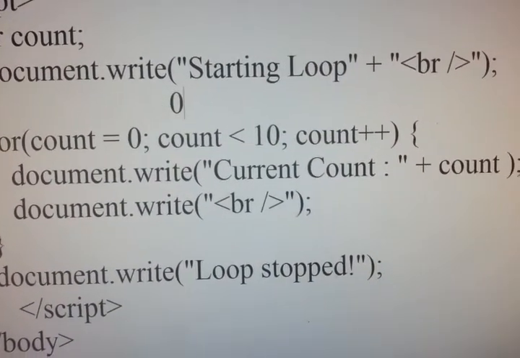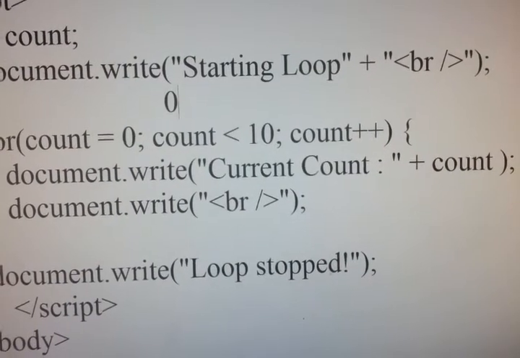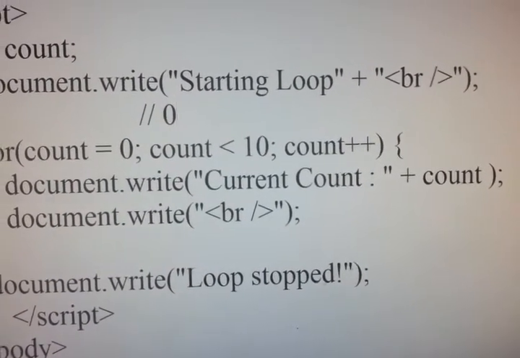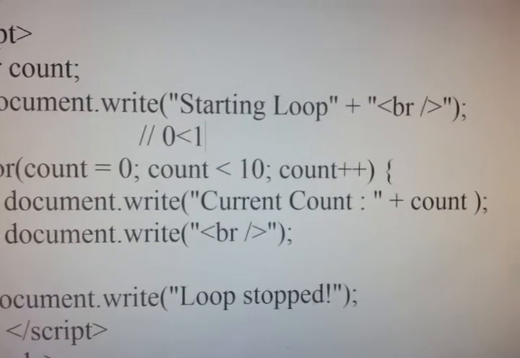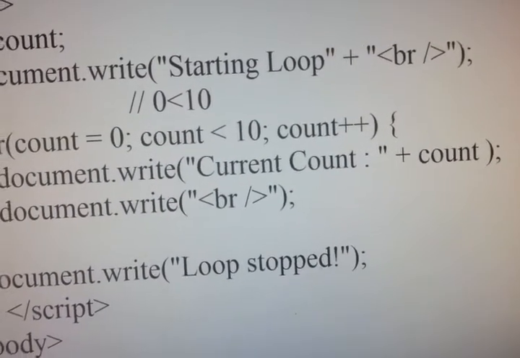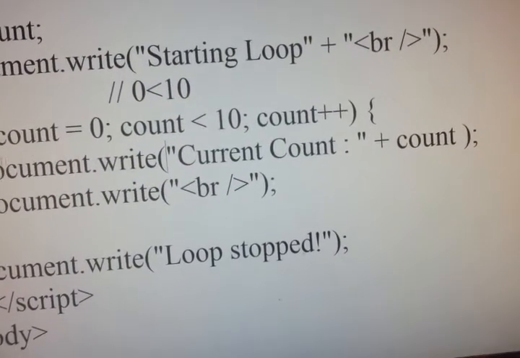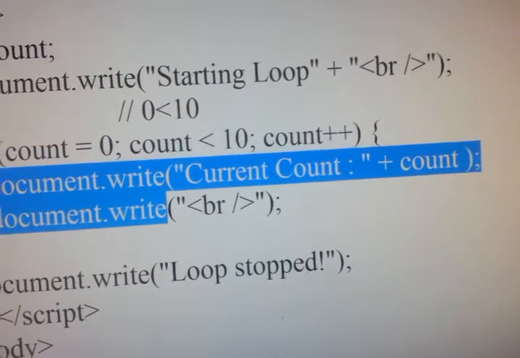So first it will take 0, 0 less than 10. So when 0 is less than 10, condition is true, it will execute this.